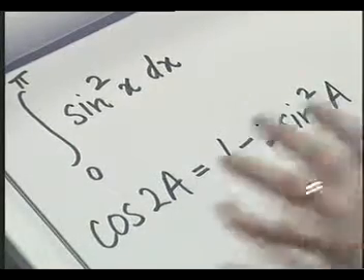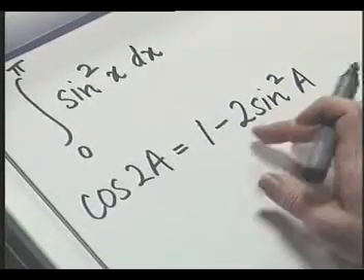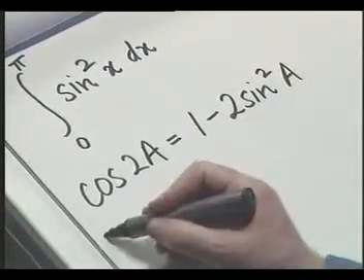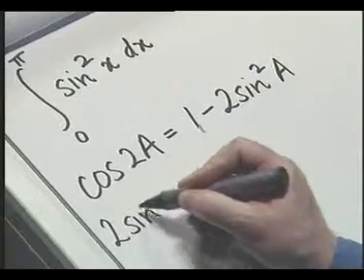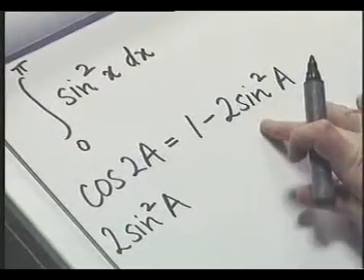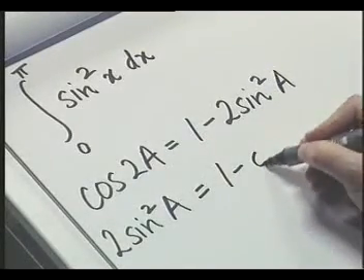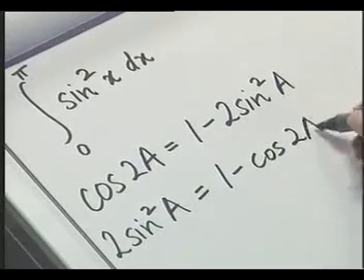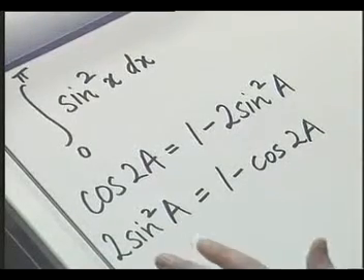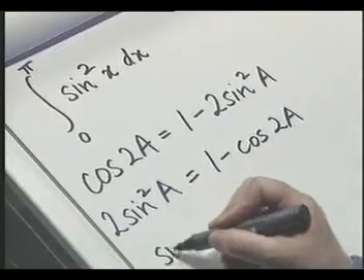First of all, I'm going to rearrange this to get sine squared on its own. If we add 2 sine squared a to both sides, then I can get it on this side. And if I subtract cosine 2a from both sides, I'll remove it from the left. Finally, if I divide both sides by 2, I'll be left with sine squared a.